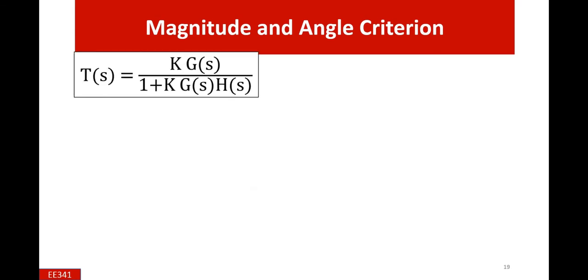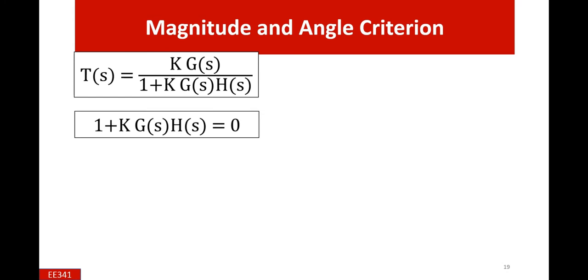So if this function is some closed loop transfer function, how do we represent it in terms of the angles and the magnitude of the function? For example, this is the characteristic equation. If we take 1 plus the open loop transfer function equal to 0, then this is the characteristic equation.